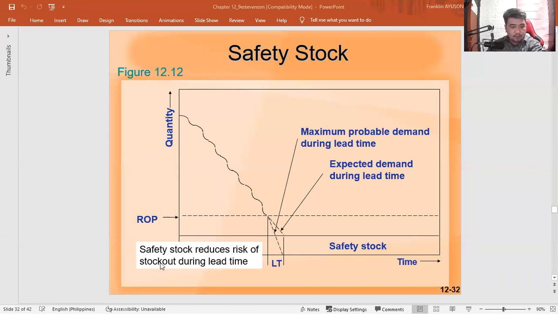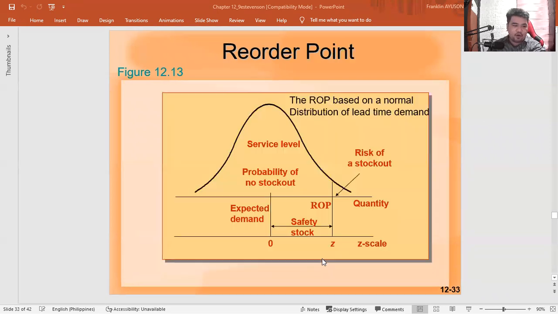Okay. So again, moving forward, safety stocks reduce risk of stock out during lead time. Yan. So yung lead time natin, okay, dahil sa safety stocks natin, nare-reduce tayo ng stock out. Okay, moving forward again, so these are our reorder point. So what are the things that we need to consider? Of course, the service level, the probability of no stock outs, and the risk of stock outs. Yan. So reorder point is based on the normal distribution of lead time demand.